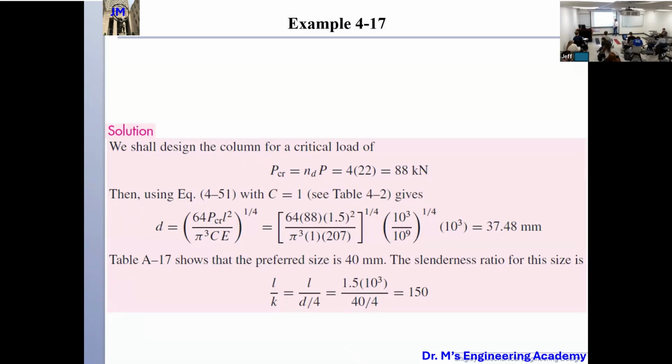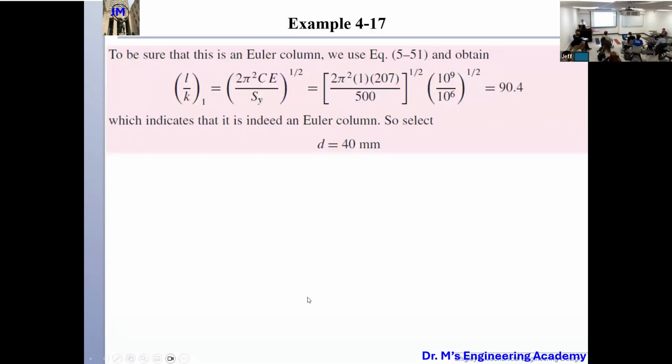After you get this D here, we calculate L over K, the actual L over K. This is 150, a ratio that does not have any unit. That's the actual slenderness ratio. Then we calculate the critical slenderness ratio using this equation and just plug in.